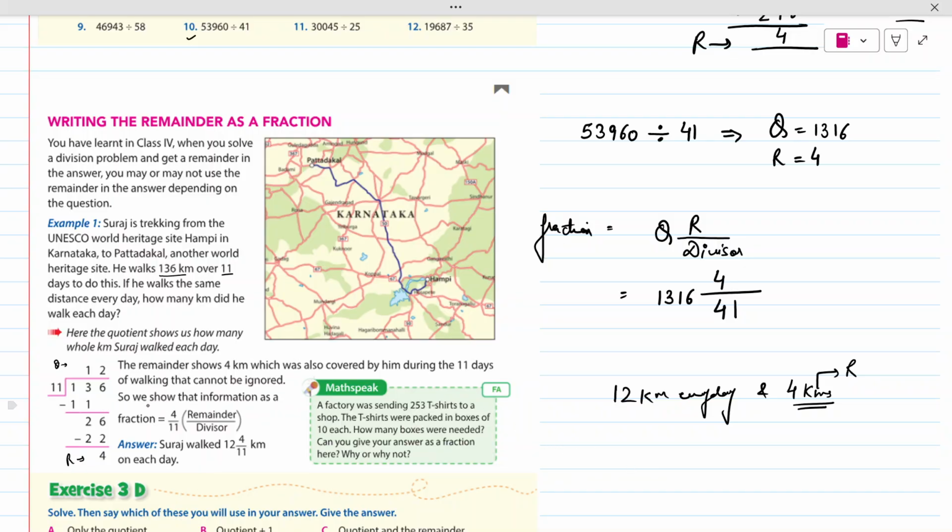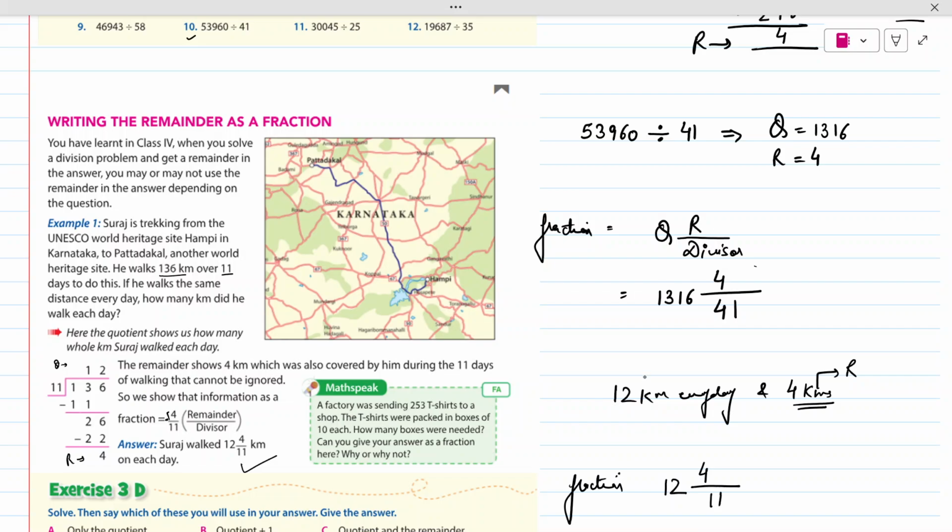We have quotient as 12, so Q, and then we have remainder as 4, R, divided by D. D here is the divisor, which is 11. So this is how we have to represent it. Remainder by divisor, and then here at this particular place, we have to write the quotient. Okay, so the formula is Q R by D, quotient, and then remainder divided by the divisor. This is the fraction part.